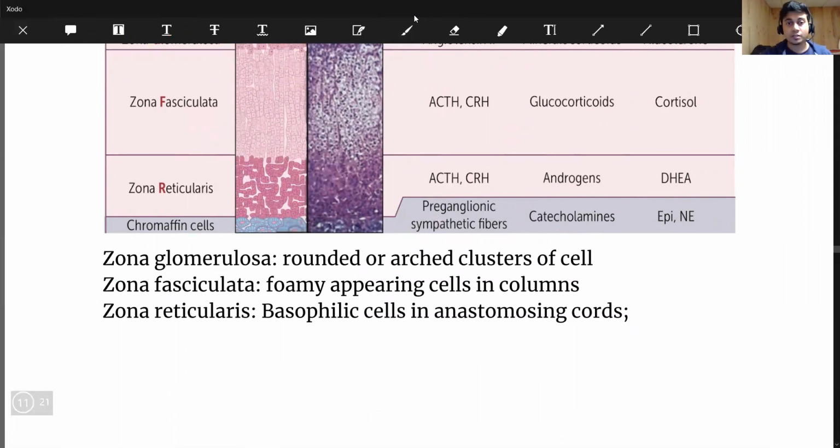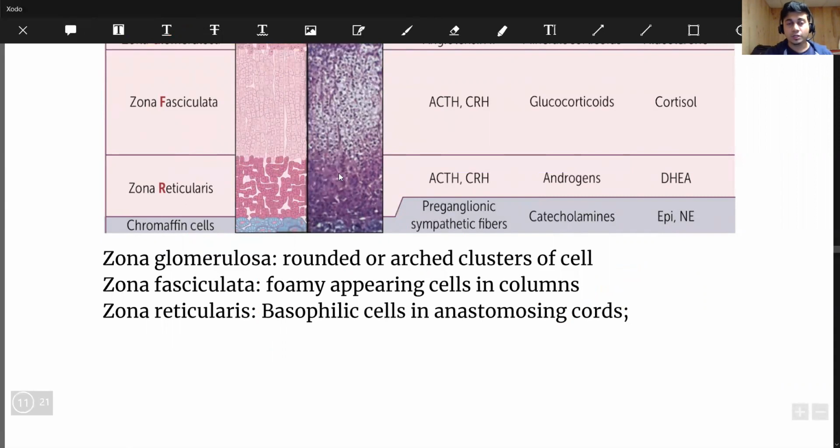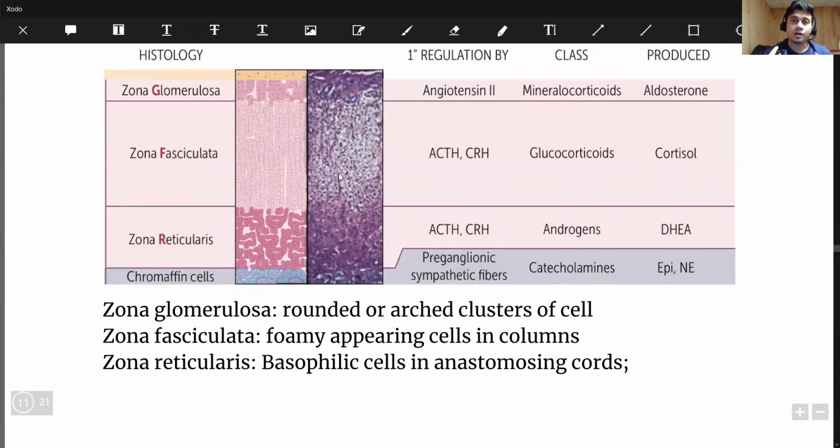Zona fasciculata has foamy appearing cells in columns, and zona reticularis has basophilic cells, that is bluish cells, in anastomosing cords. They have connections in between. Now these three layers produce the different adrenal gland hormones that we get.